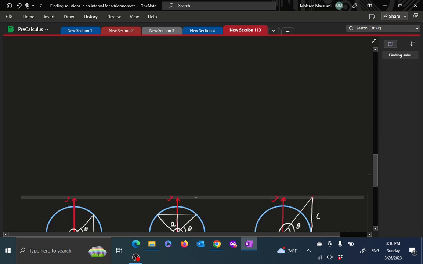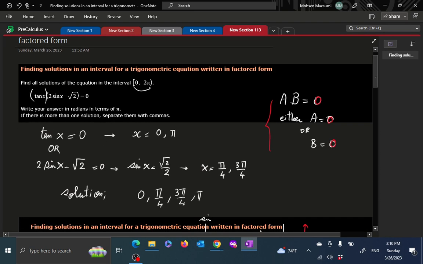So what is it that we learned here? If you have an equation that's made out of a product of several items equal to 0, then either of those two parentheses can be 0. This is only applicable when the other side is 0. It does not work for other numbers on the other side. So if a times b is 0, either a is 0 or b is 0.